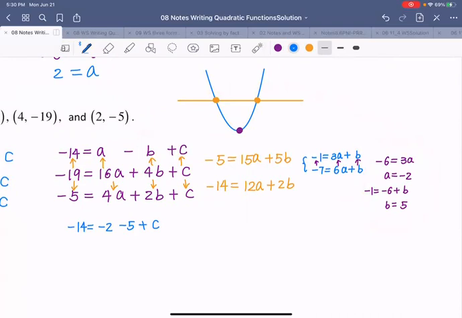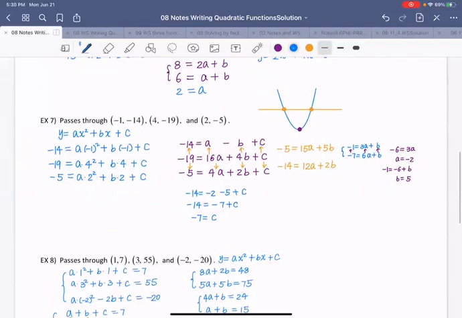Go ahead, next step. Negative 14 equals negative 7 plus c. And then negative 7 equals c. Okay, very good. Now let's go ahead, write down the equation. Go ahead, put y equals.